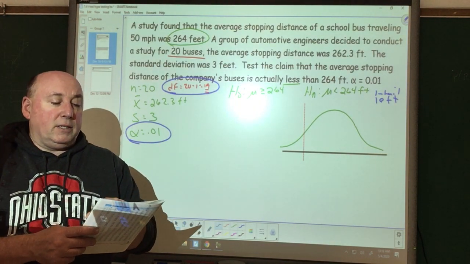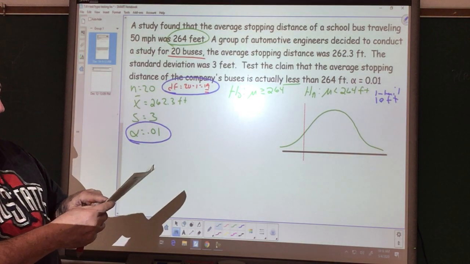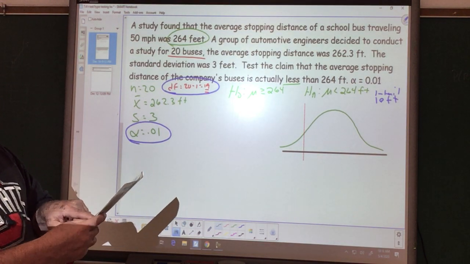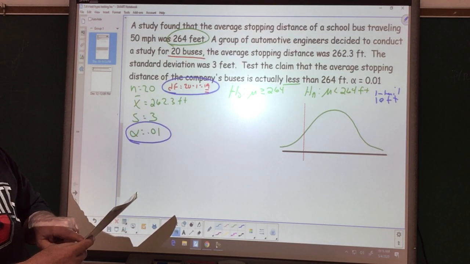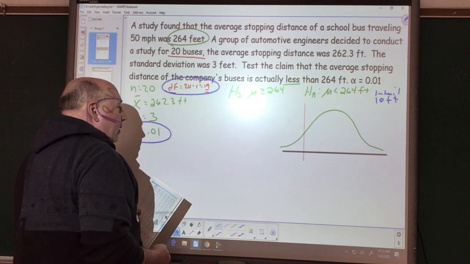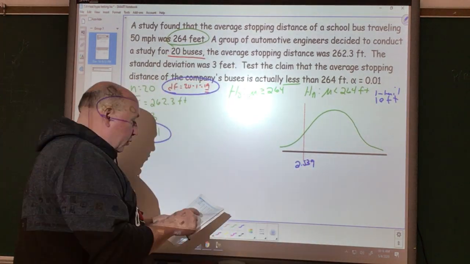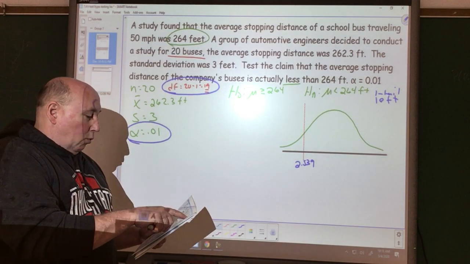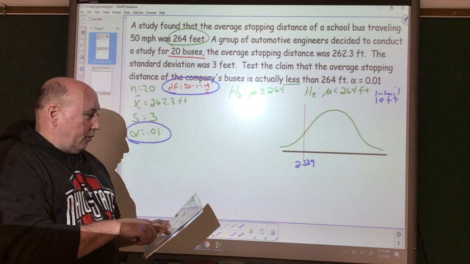So one tail, 0.01, and then trace it down to my degrees of freedom of 19. And I get 2.539. Make sure, see, 0.01, go down degrees of freedom of 19, 2.539.